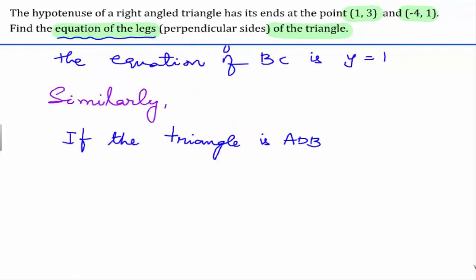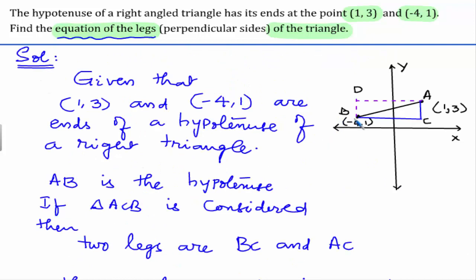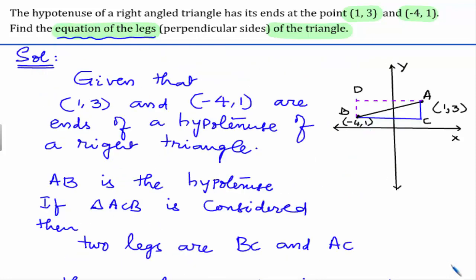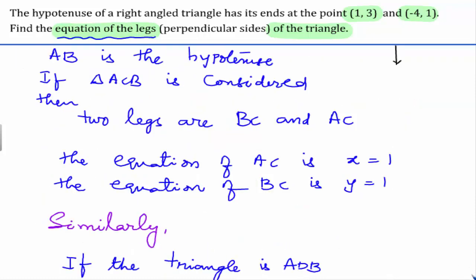Now if the triangle is ADB, that means if we consider this triangle, then the legs are AD and BD. So the 2 legs are AD and BD. Now we need to find out the equations of this. BD is parallel to y-axis.